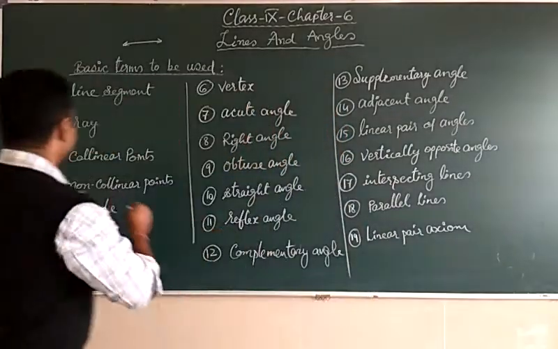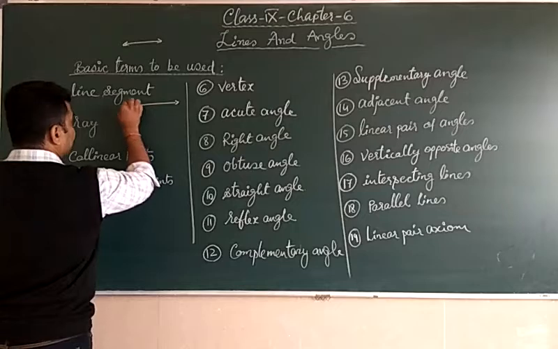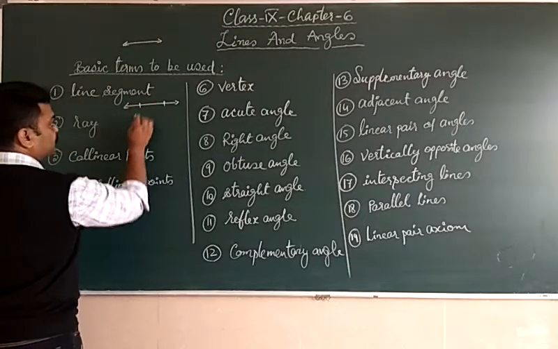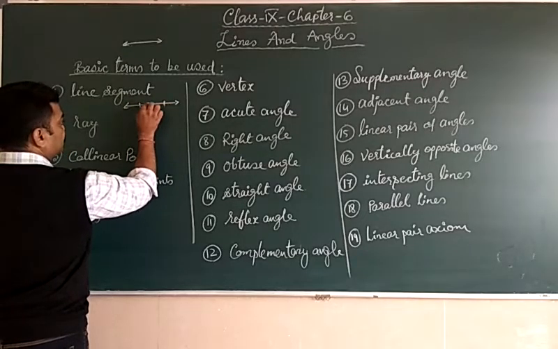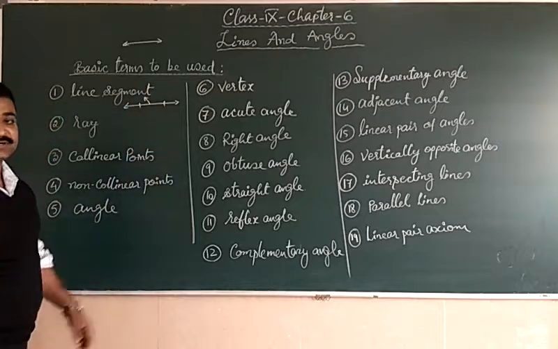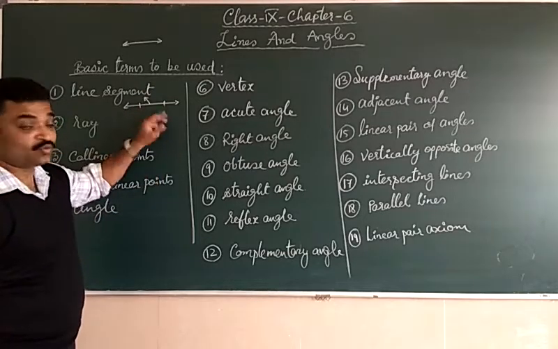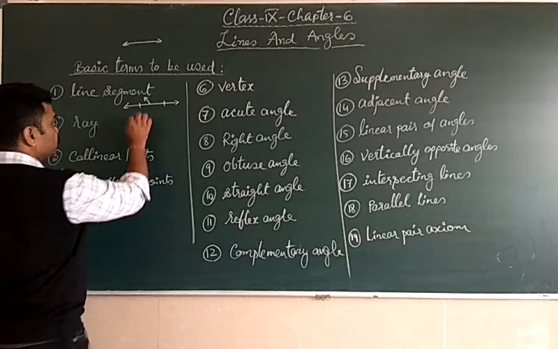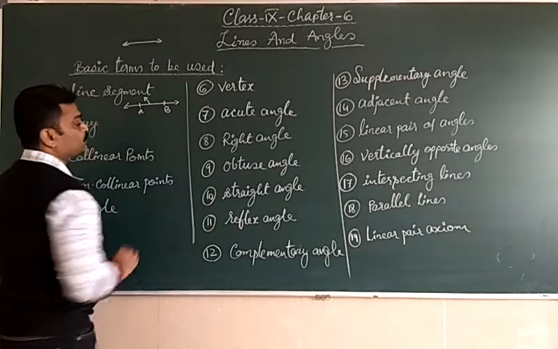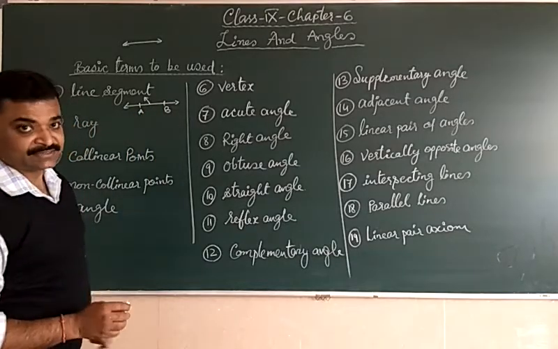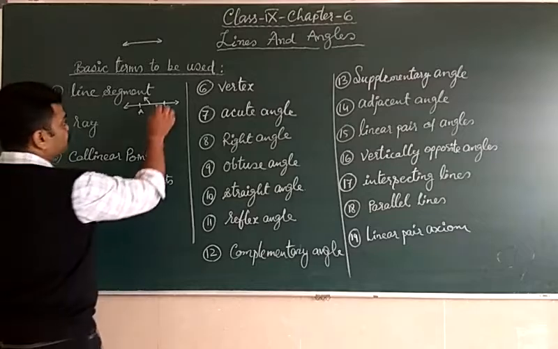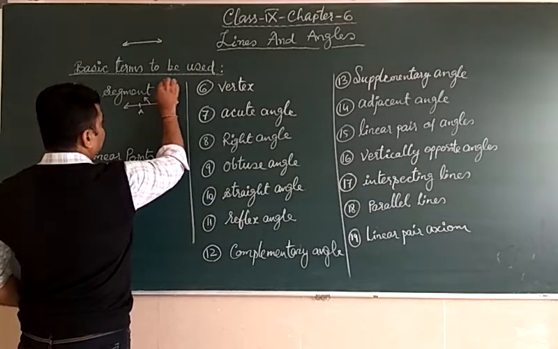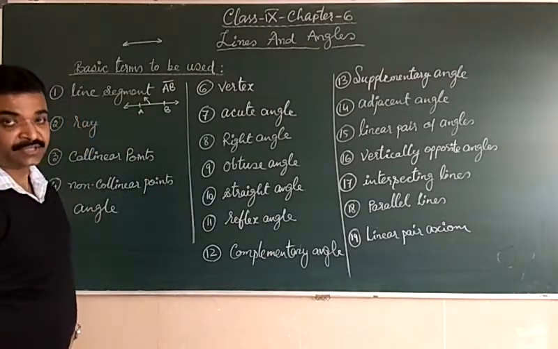Suppose this is a line, and this part is the line segment, with two end points. Suppose it is A and it is B. So AB is a line segment. Sometimes we denote it by AB bar.